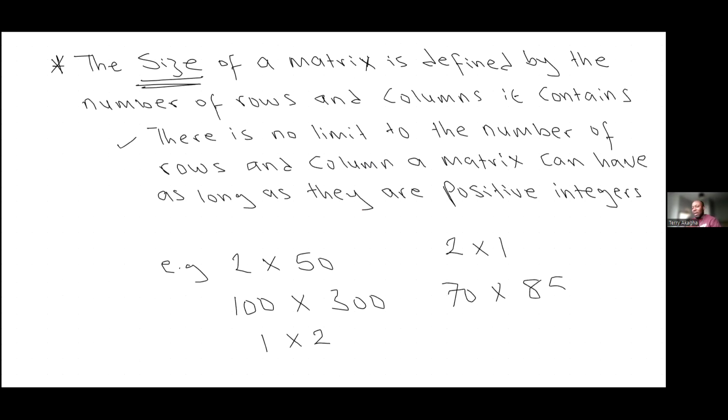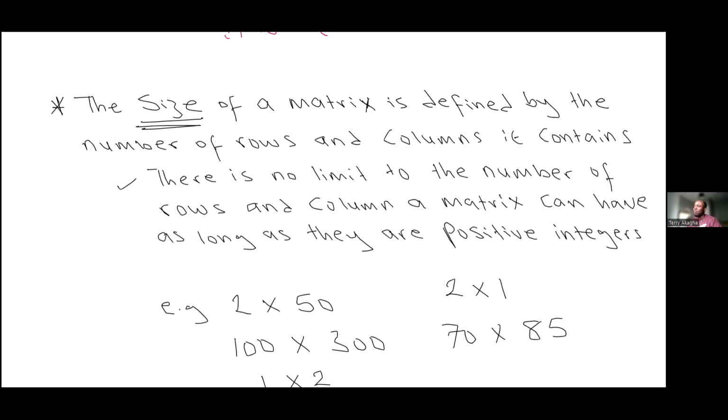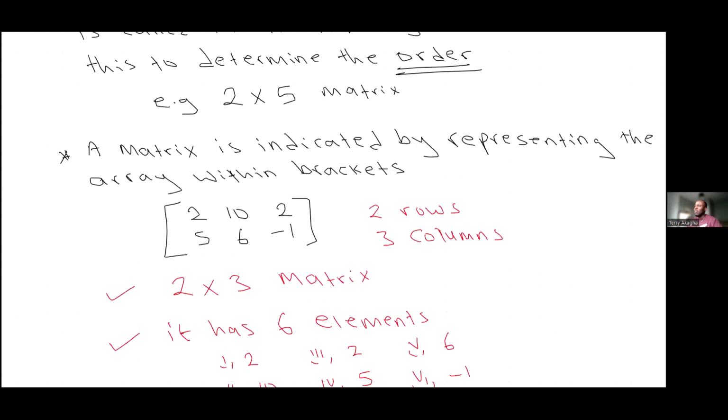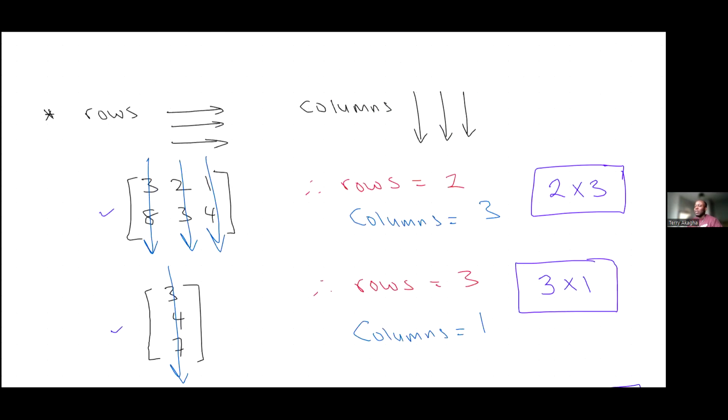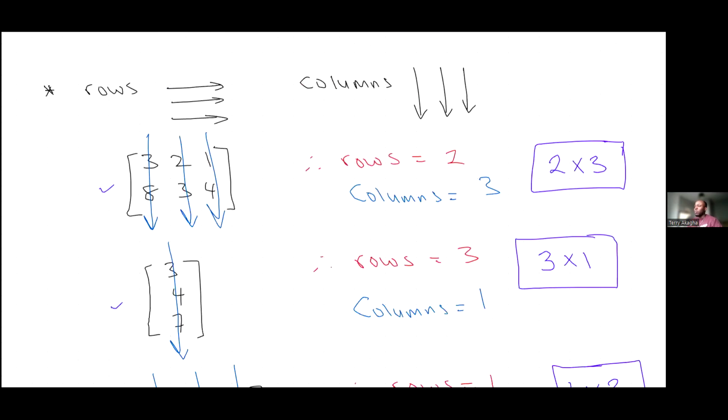There is no limit to the number of rows and columns a matrix can have in the usual sense. Is that okay? I think I've pretty much covered the basics that we need to proceed to start solving.